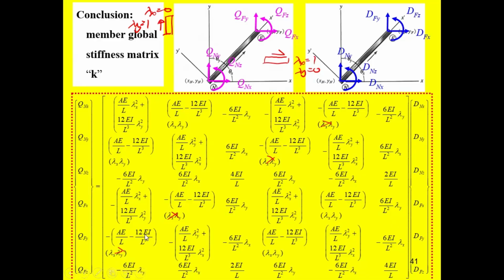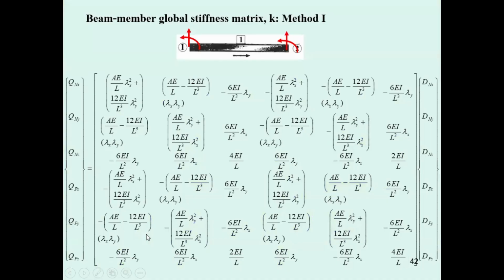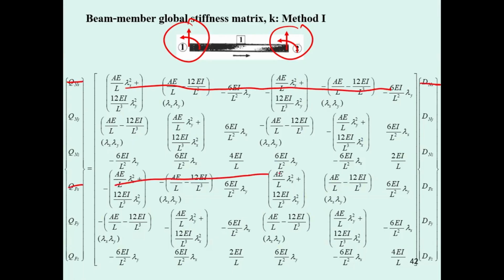And now you are able to reduce the small k matrix of the frame to the small k matrix of the beam. The beam has only y and z axis at each node. Then there is no axial deformation at the near end and also the far end.